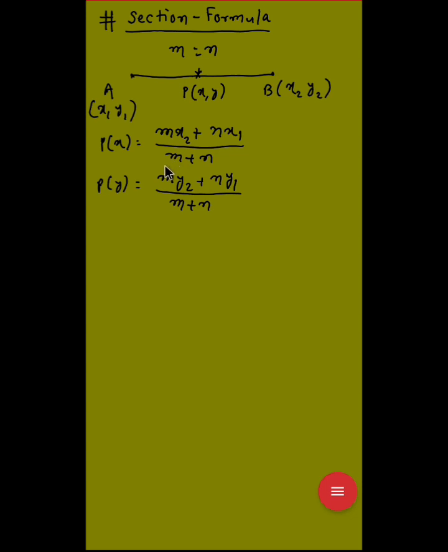So in this section formula we are finding the coordinates of the point which divides the line segment joining A (x1, y1) and B (x2, y2) internally in the ratio m to n. In the syllabus we have internal division. P of x is mx2 plus nx1 divided by m plus n, and P of y is given by my2 plus ny1 divided by m plus n.